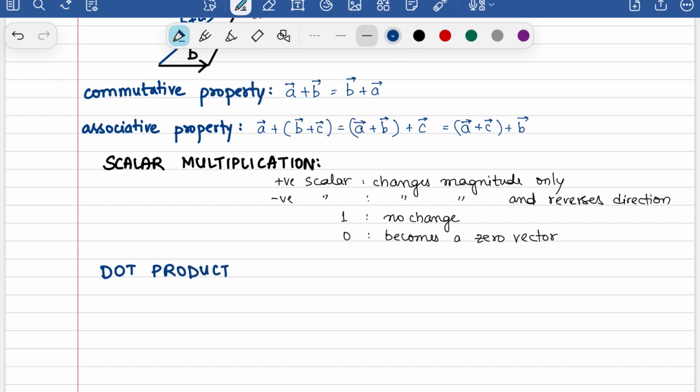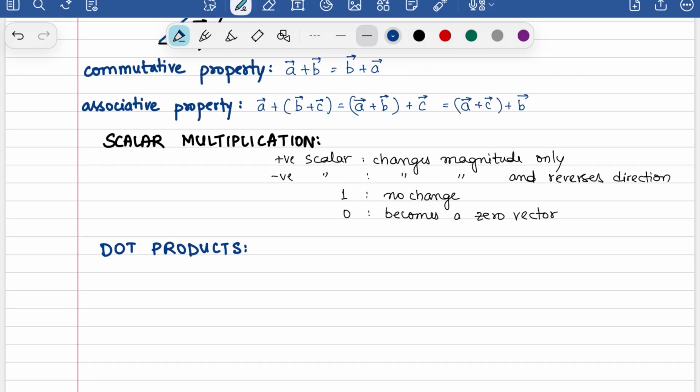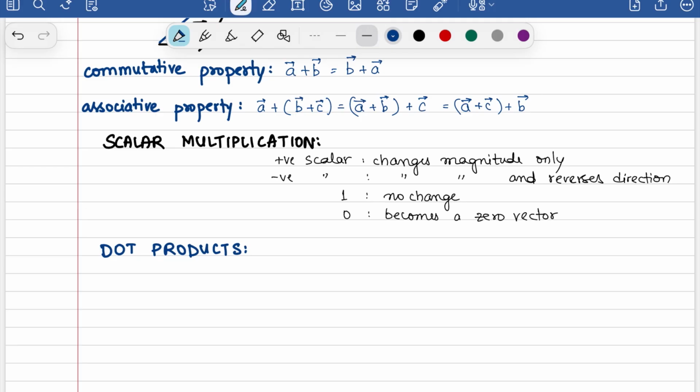start making things more interesting. If you have a vector as shown here, let's say this here is b vector, and you have some vector here as a vector.